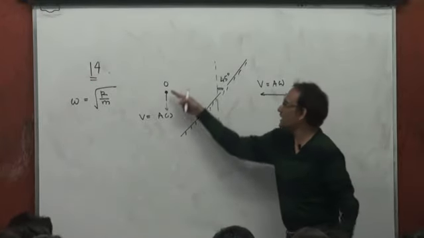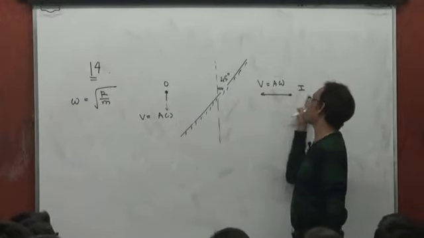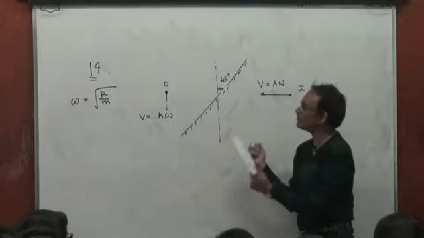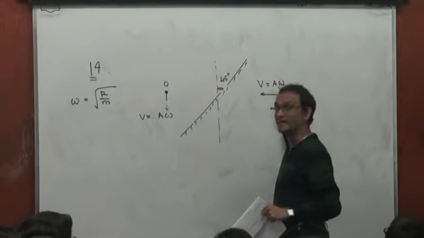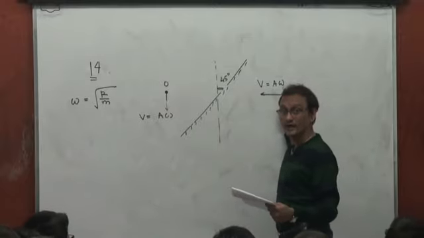While this guy executes simple harmonic motion with amplitude a, this guy executes simple harmonic motion horizontally with amplitude a and angular frequency omega. And therefore, at this juncture, the relative speed would be the maximum, right?